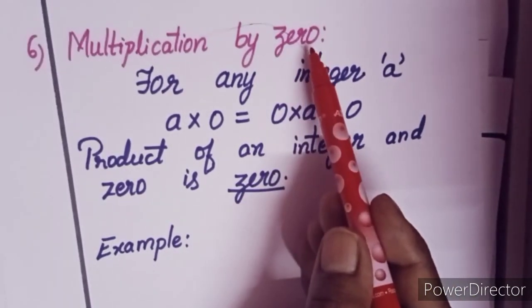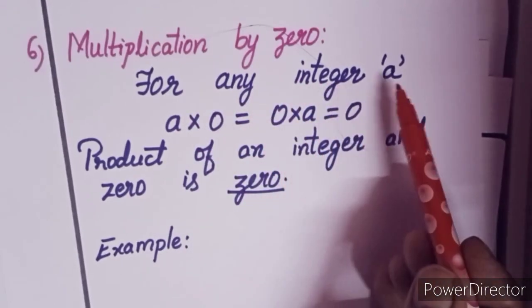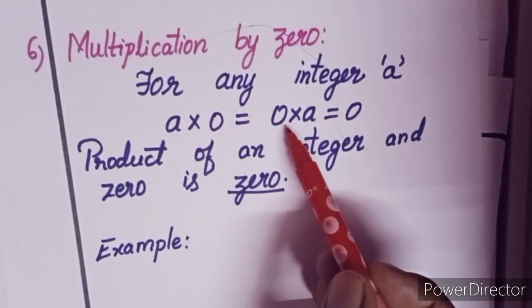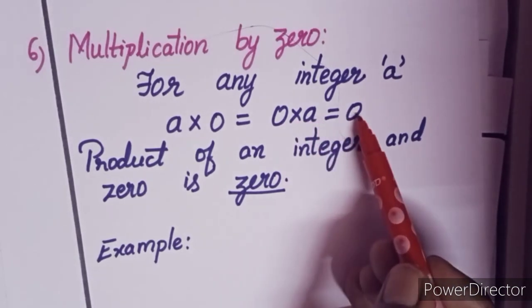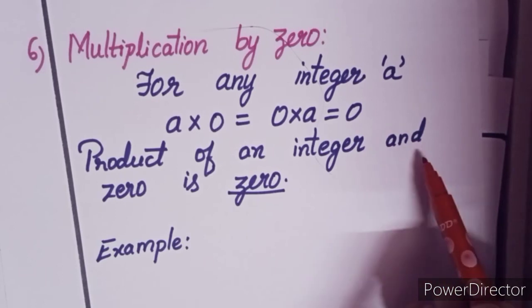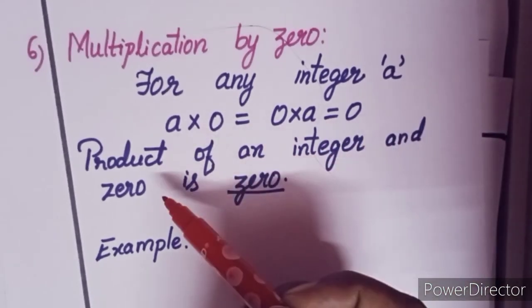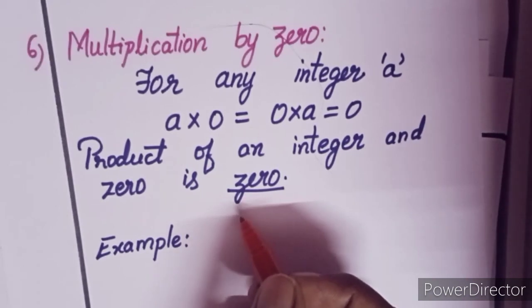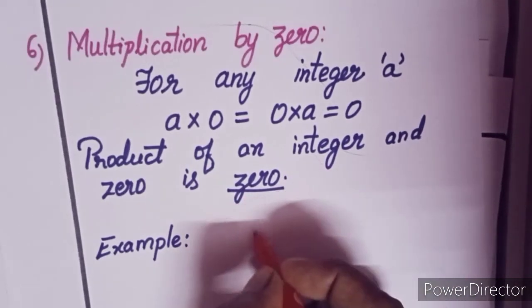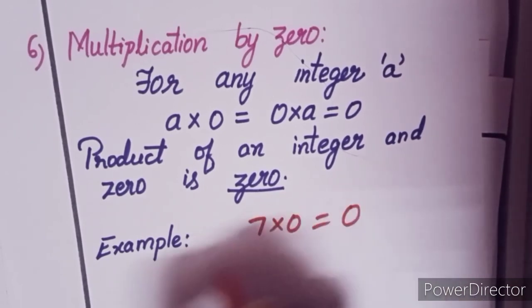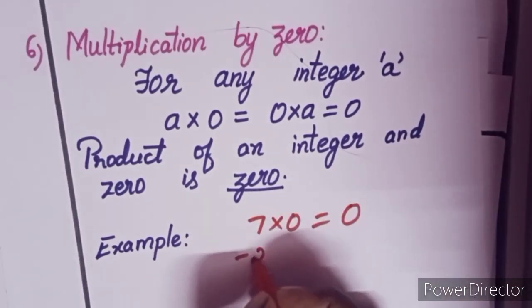Now multiplication by 0, children. For any integer a, a into 0 equals 0 into a equals 0. The product of an integer and 0 is 0. Let us take the examples, children. 7 into 0, you get 0.